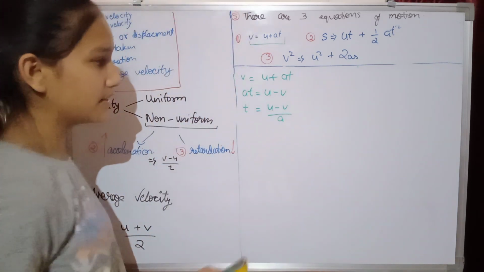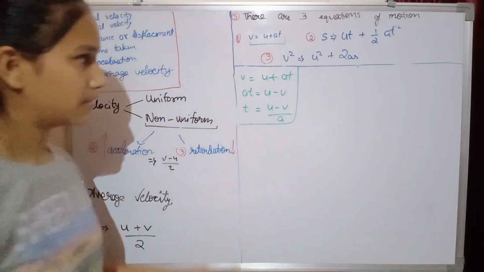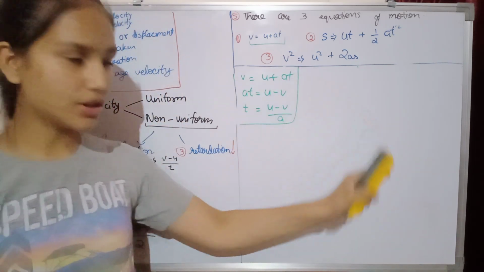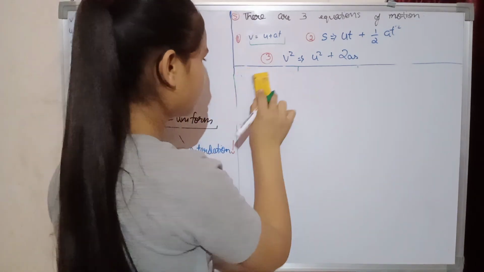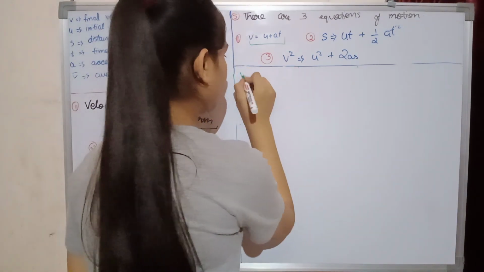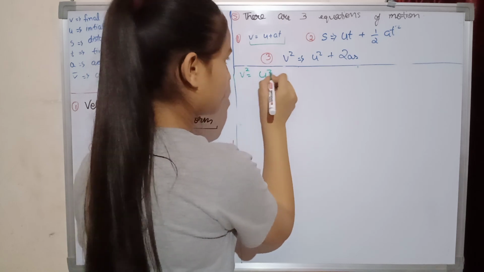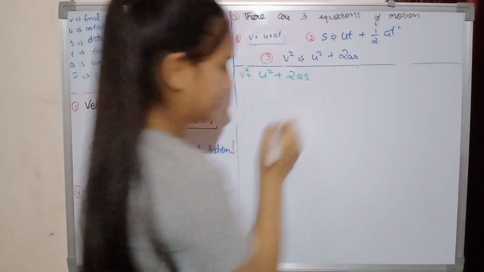Now this will help us to derive the third equation of motion, which is V square is equals to U square plus 2AS.